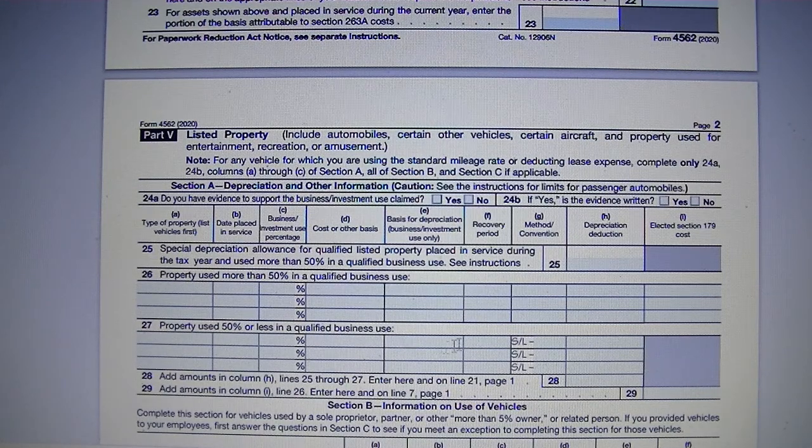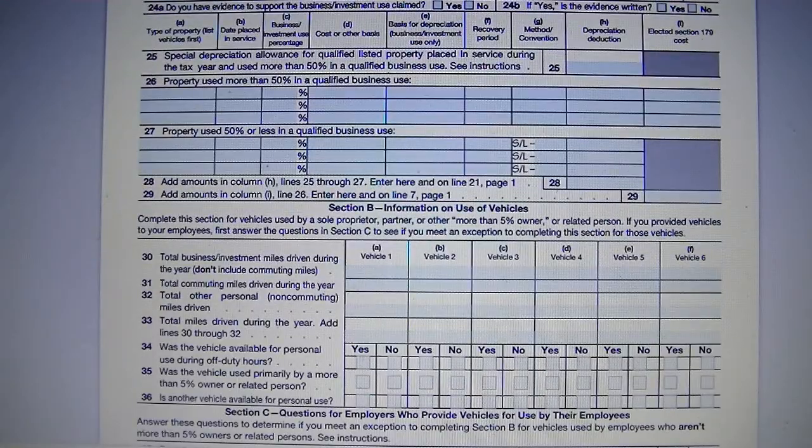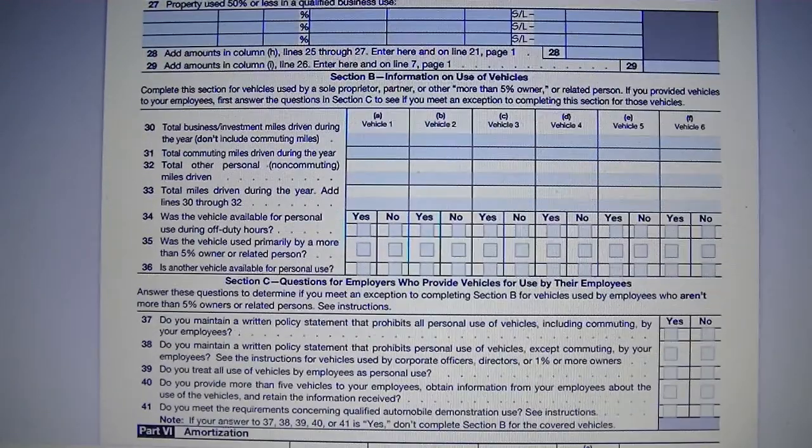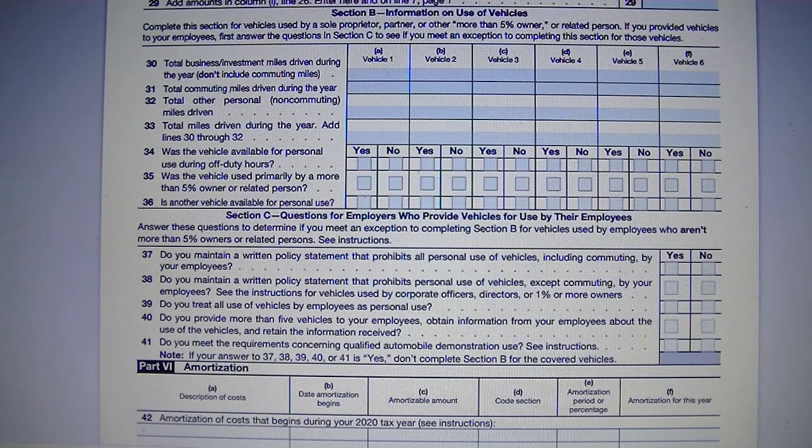You don't complete the rest of the listed property if that's for the car that you wanted to report here. And you'll just remember to complete part 5, listed property, section B and section C, depending on which one applies to your case. So section B will automatically be a part that you should complete if you are using your car for personal and business use and you are claiming standard mileage.